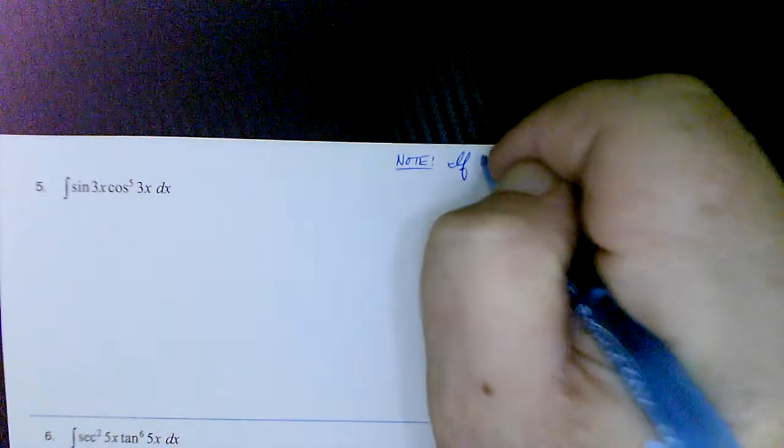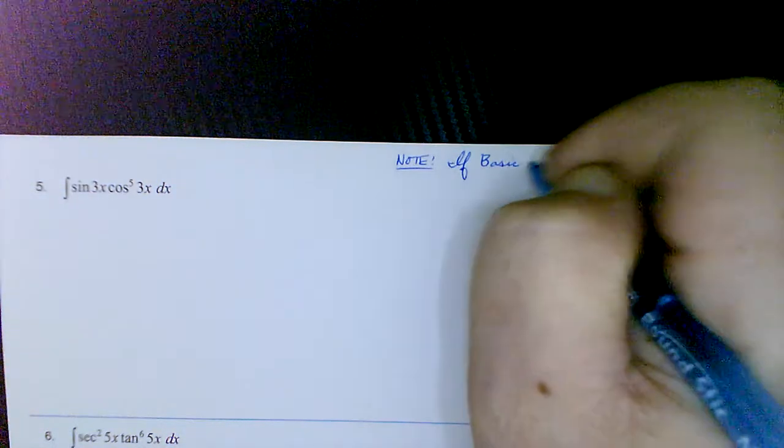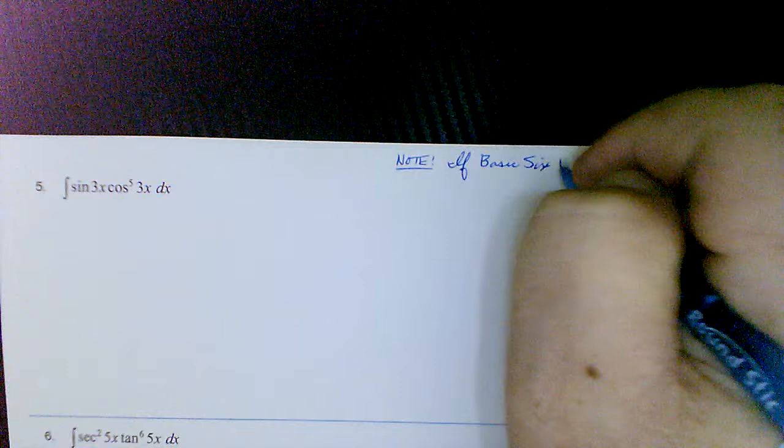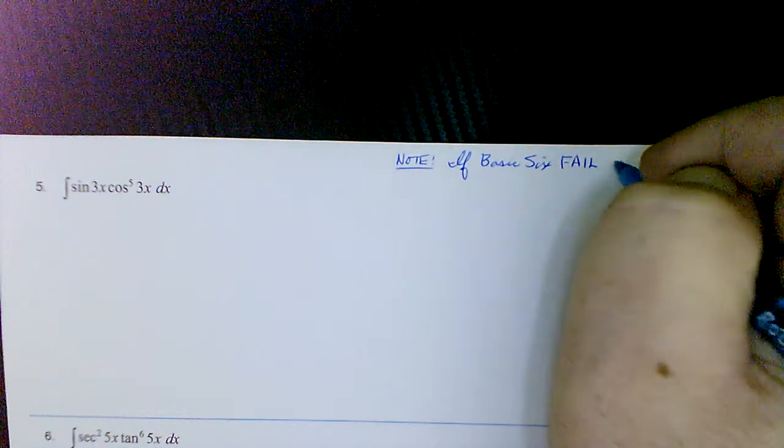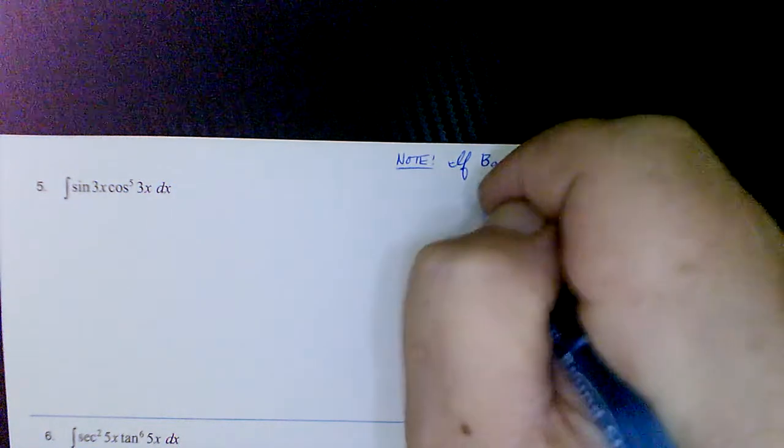And the things you could try, if the basic 6 fail, let me write that here, maybe as a little note. If the basic 6 fail, then here are your choices.